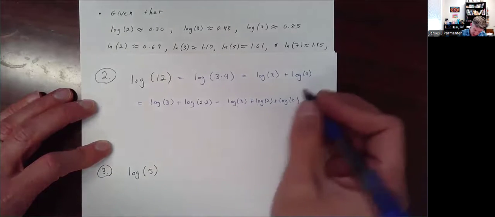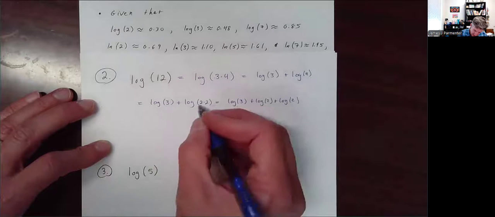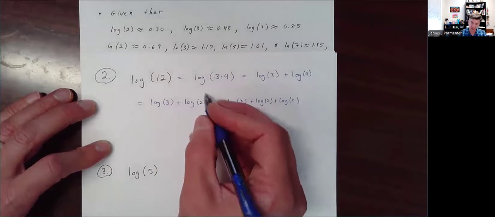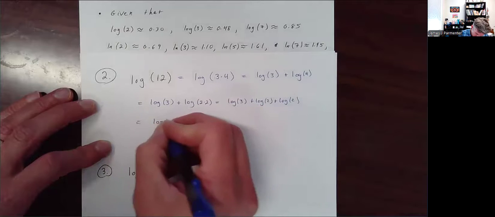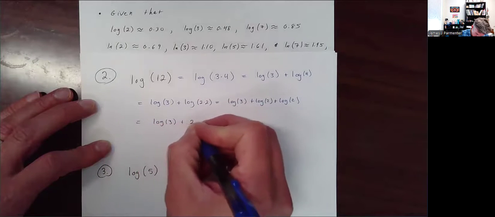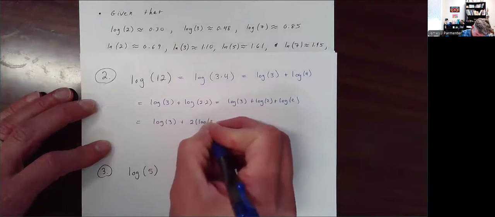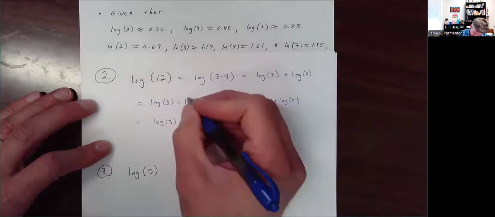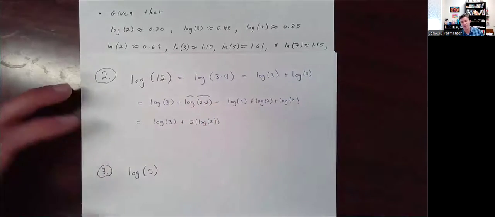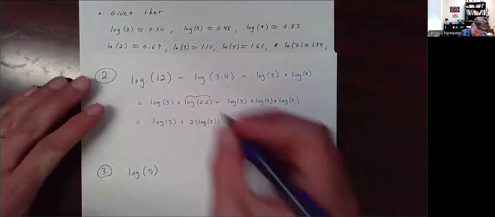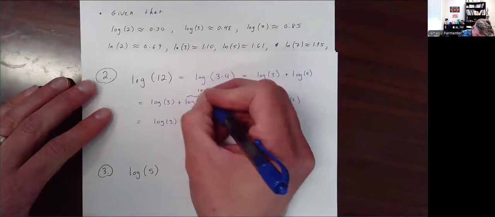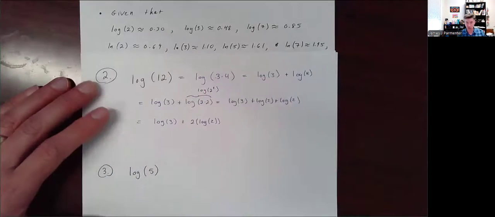I also could have instead said that 4 is equal to 2 squared, and that 2 can come down as a coefficient. So I could also think of this as log of 3 plus 2 times log of 2. Because this is also the same. 2 squared is kind of weird. 2 times 2 is 4. 2 plus 2 is 4. It's kind of funky. But you could also think of this as log of 2 squared. And then the 2 could come down in front.